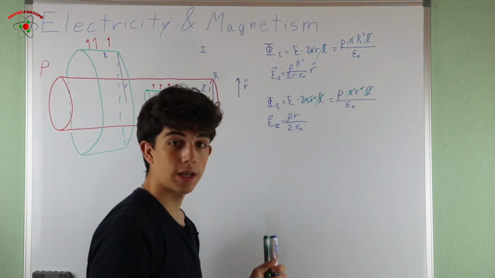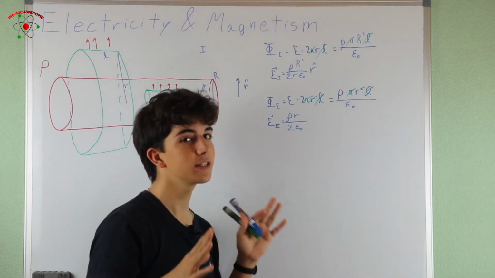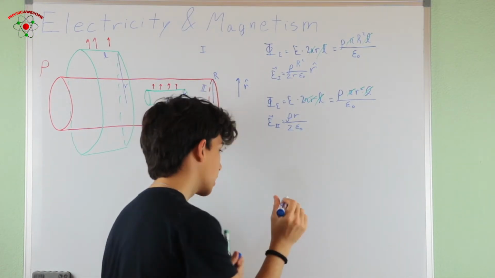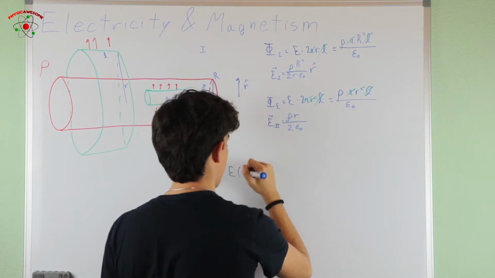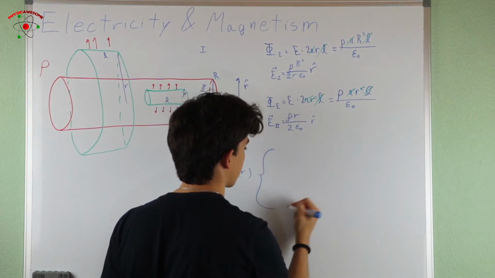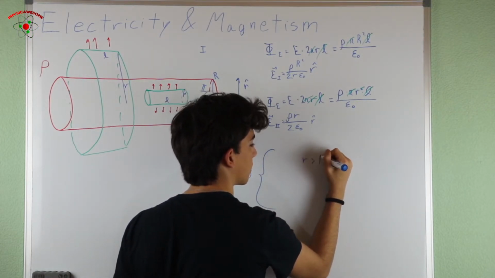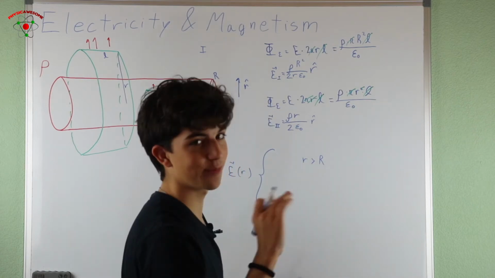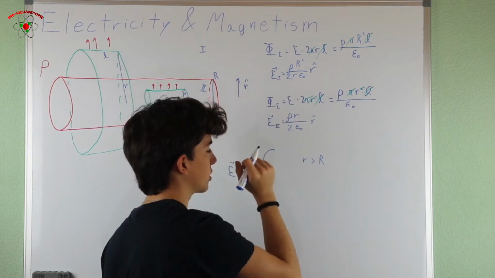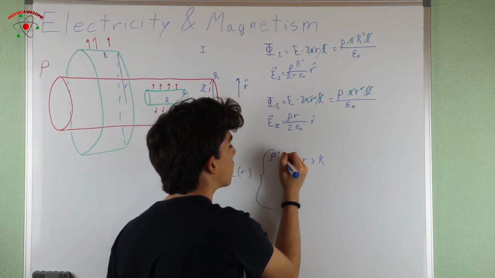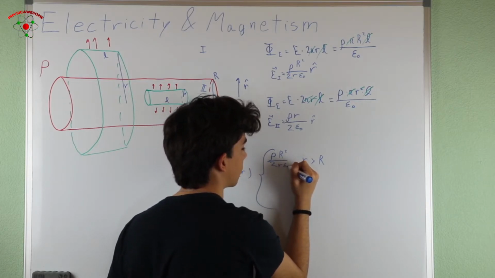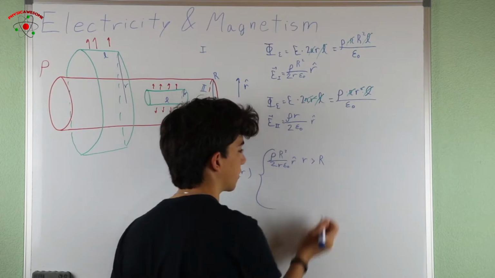Now let's check if this electric field is really continuous to find out if we did a good job. E of r, in the r hat direction, is going to be, for capital R bigger than little r, we need to specify, we're going to have this expression, rho R squared over 2 r epsilon naught r hat.